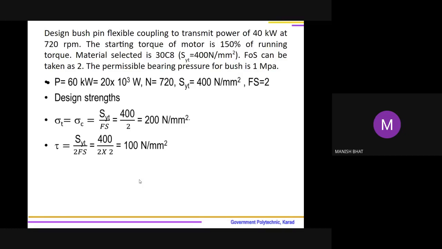So sigma T is equal to sigma C, compressive or crushing stress, that is equal to limiting stress SYT upon factor of safety. It is 400 given in the problem, factor of safety is 2. So maximum tensile or compressive stress for every component will be 200 Newton per mm square. Whereas we know that shear strength is half of tensile strength, so SYT upon 2 FS. It comes out to be 100 Newton per mm square.